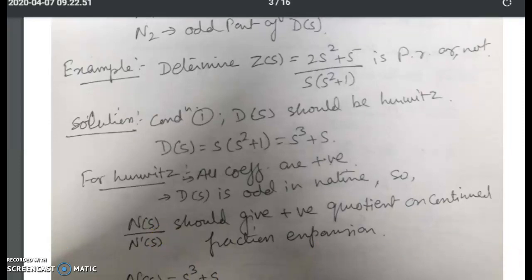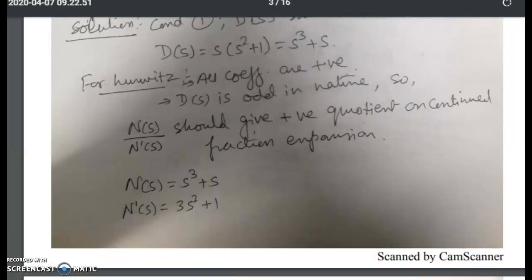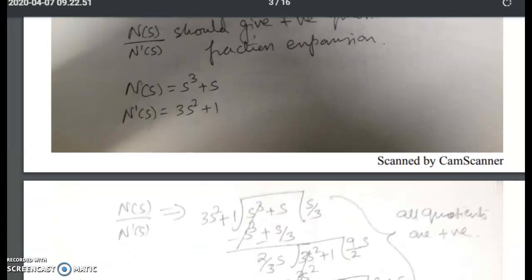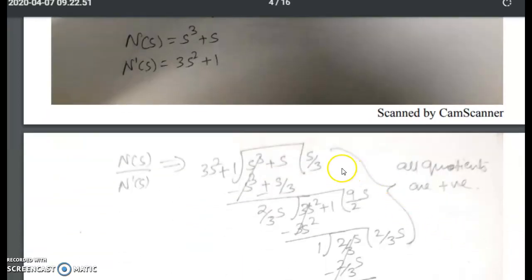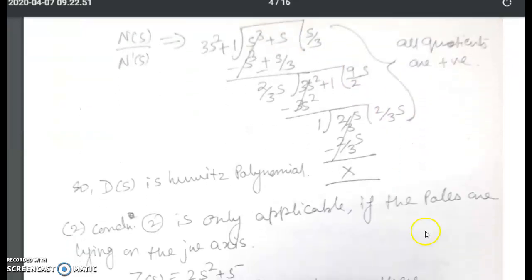The odd component is s cube plus s, and the derivative of this odd component is 3s square plus 1. When we expand it, we see that all the quotients of this continued fraction expansion are positive. Because all the quotients are positive, that means this D(s) is a Hurwitz polynomial.